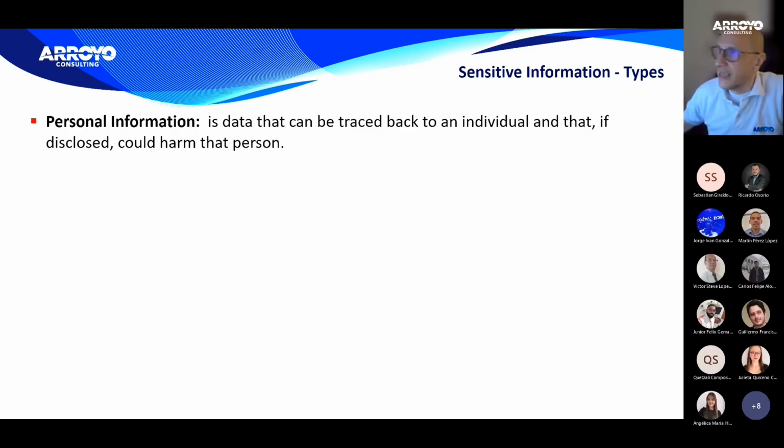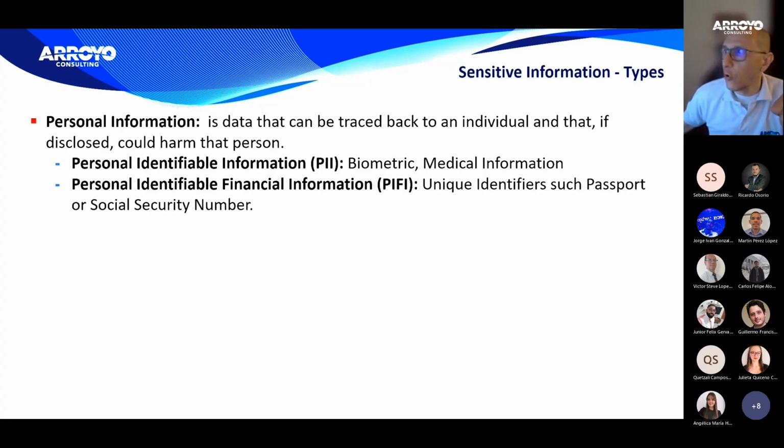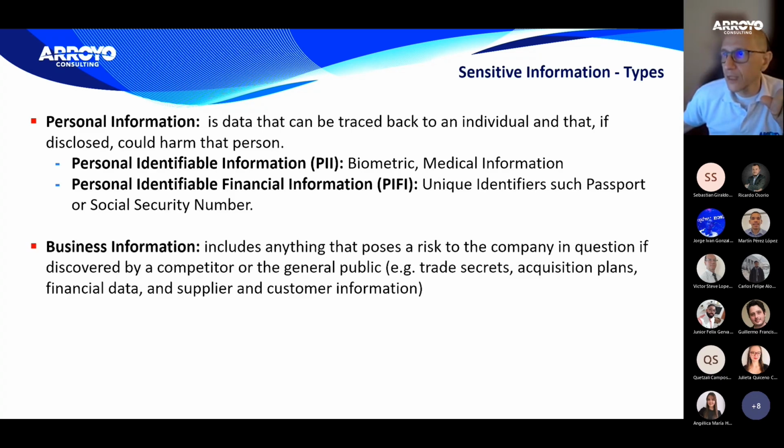For example, it is data that is tracked for an individual, information that can identify one person individually, or the financial information that the person has. The other type is business information.